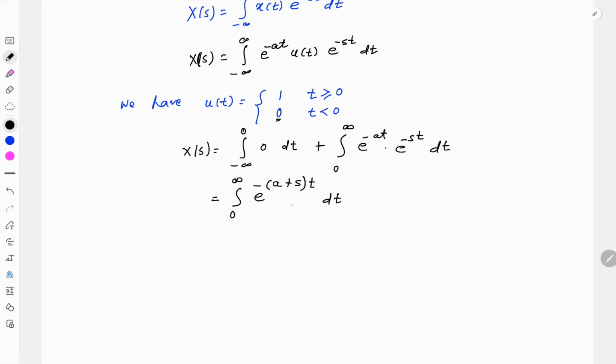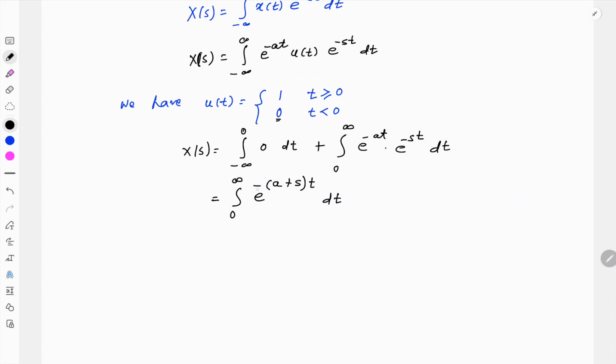So always simplify this exponential term in this way. Depending on the limits of integration, if it is plus infinity, take the negative sign common. If the integration limits are minus infinity to 0, here we have minus infinity, so take the plus sign common in the exponential, the vice versa sign.